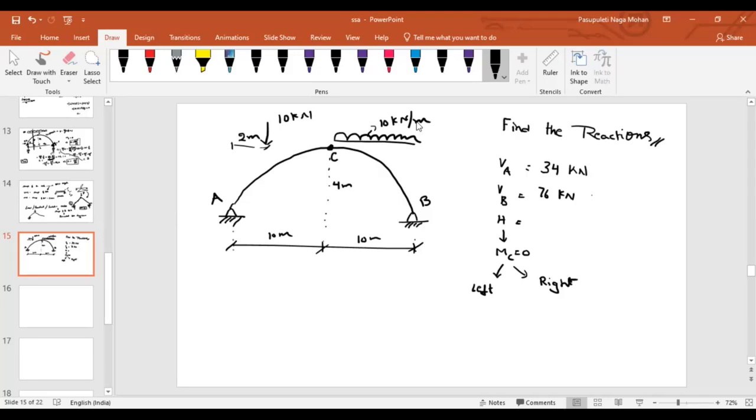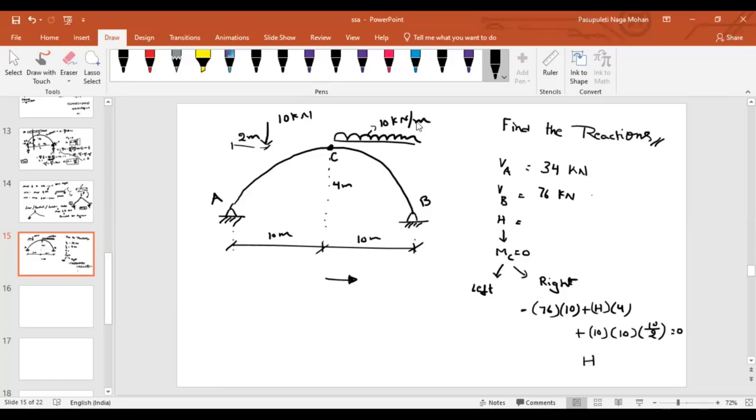If I look into the right side, what is the reaction at B? 76, anti-clockwise. So 76 into, what is the distance? 10. And because of the horizontal thrust, clockwise, if clockwise is positive, it's H into 4, because of the UDL load, clockwise, plus 10 into 10 by 2 will be equal to 0.